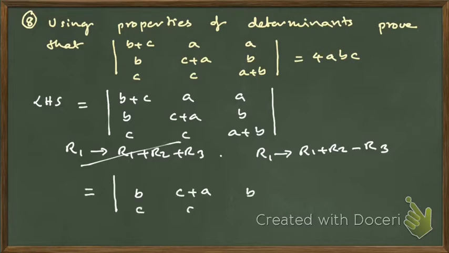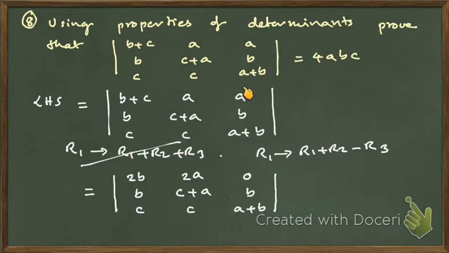So my R2 will be copied the same, R3 will be copied the same, because they are not under change. Change is happening only to R1. So what's happening? B plus C, R1 plus R2. So B plus C plus B, 2B plus C, take away C, 2B. Next, R1 plus R2 will give me 2A plus C and take away C, 2A.